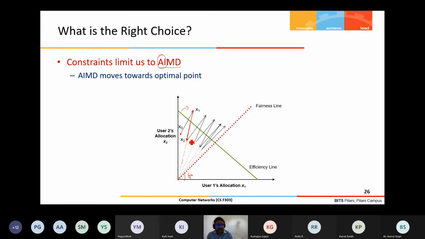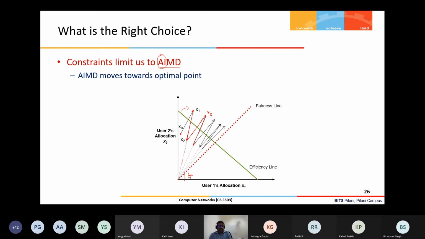So additive means the next point, x3, will be such that the line becomes parallel to the fairness line, right? Then because it is more than the efficiency, in the next round both will reduce. So it is going this way.